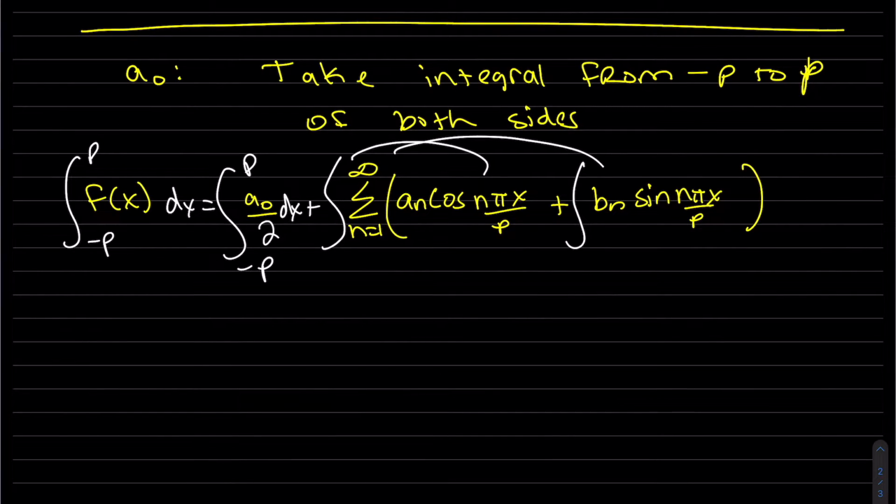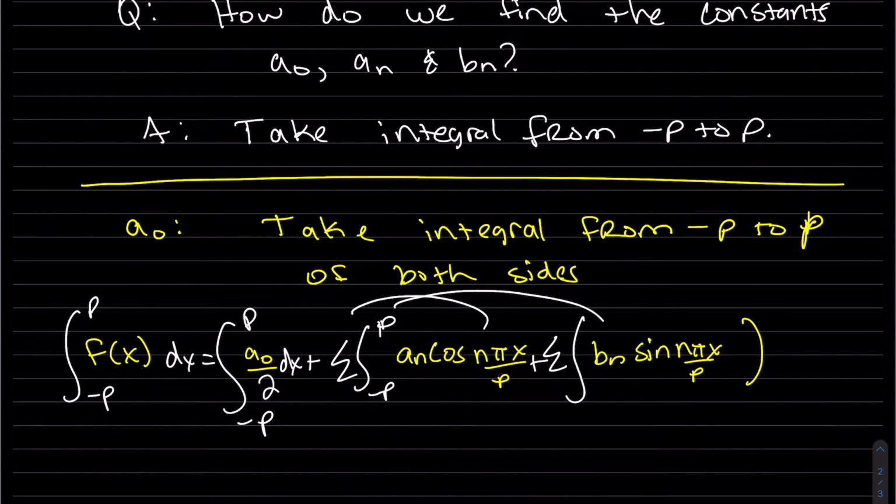I can distribute the integral, and I also want to let you know that when we have the integral and a sum, they can be swapped because it's term by term. So the integral could be on the outside and here too.